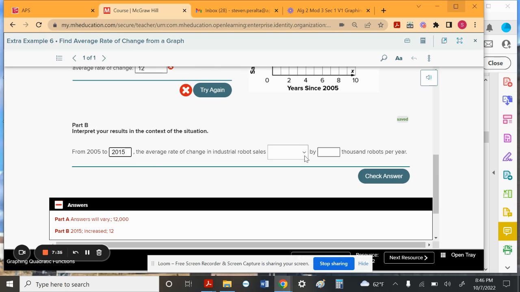The average rate of change in industrial robots increased by 12,000 robots. I guess you have to be careful when you're answering these questions.